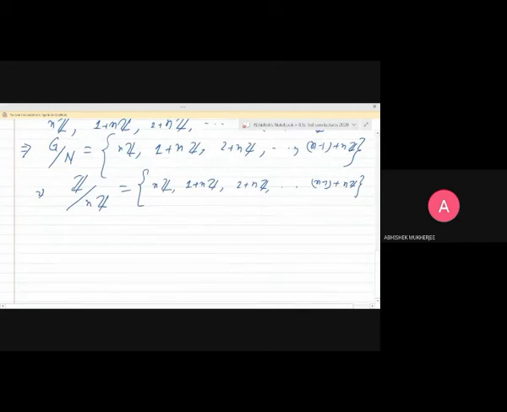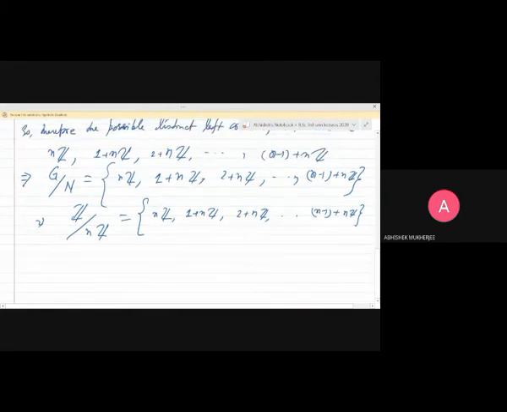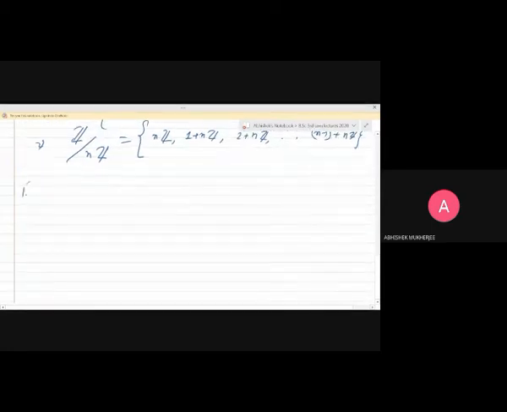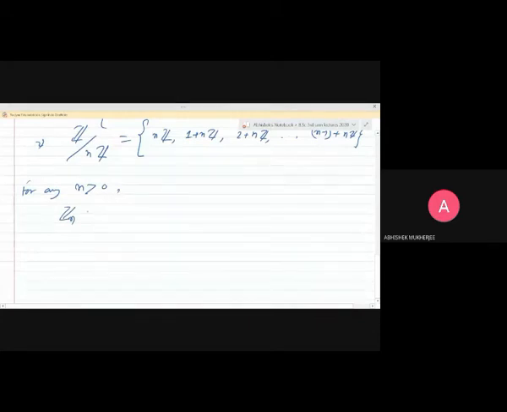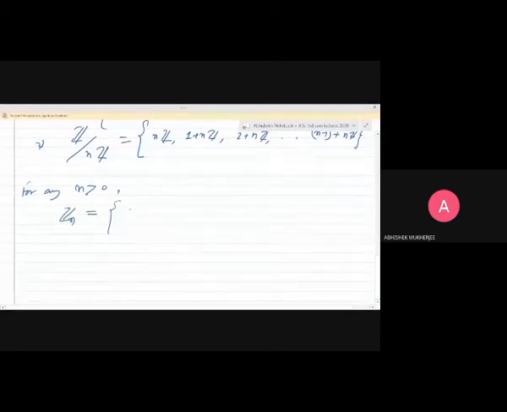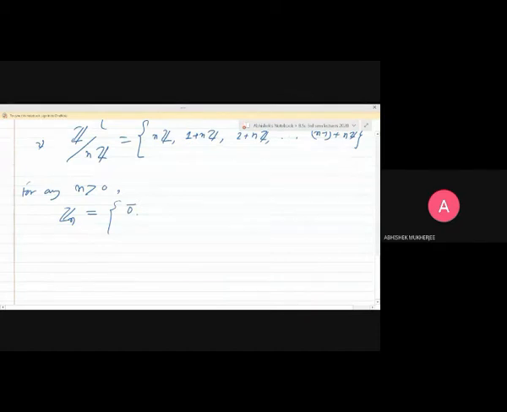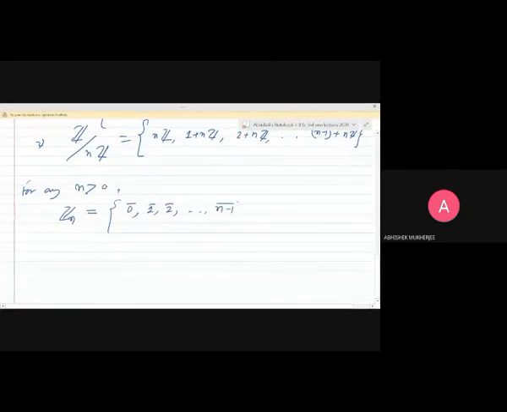So this group also has n elements, right? Okay, n elements. Now recall that for any n greater than 0, you have a finite cyclic group of order n, which is Zn, and this group comprises the elements 0 bar, 1 bar, 2 bar, up to n minus 1 bar.